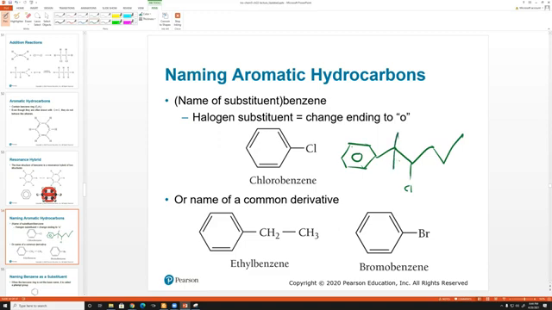Okay, so here's our example. So what do we got? We have a benzene on the end. We have one carbon. Well, how many in the straight chain? We got 1, 2, 3, 4, 5. So if it's 5, that means it's going to be what kind?